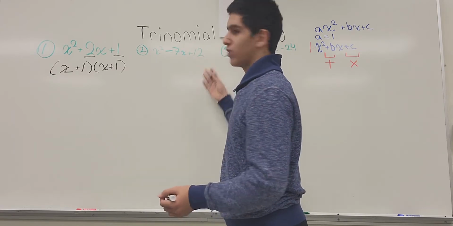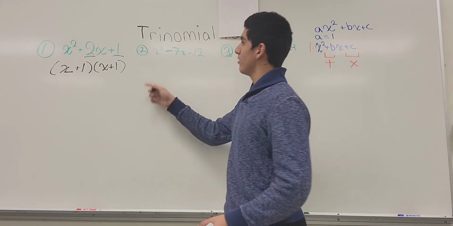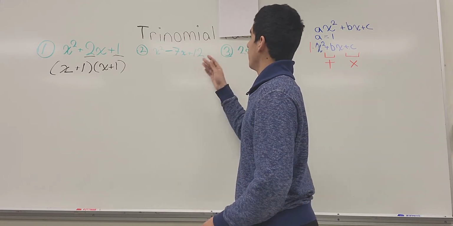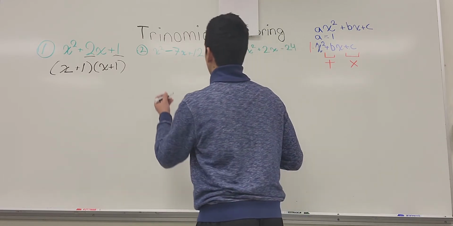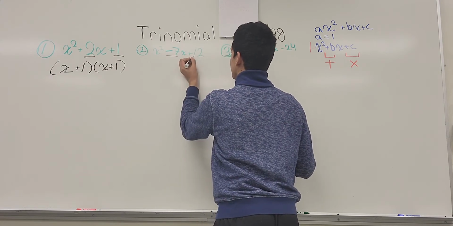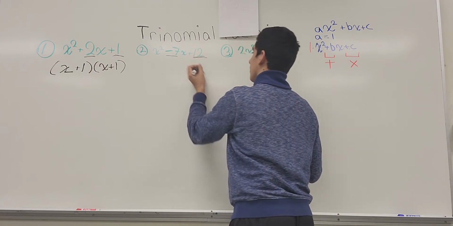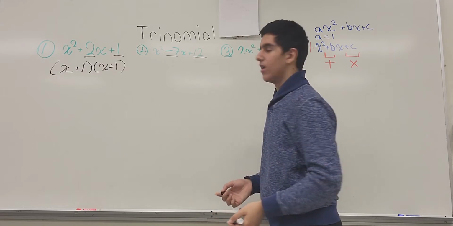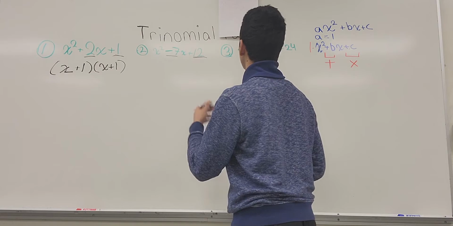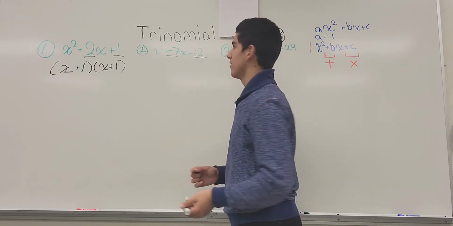Now I've assumed you've tried it, and for this one, we're gonna use the same method that we did for the first question. So okay, we have our b is -7, and our constant is 12. So you have to find 2 numbers that times to equal 12, and that add up together to equal -7.